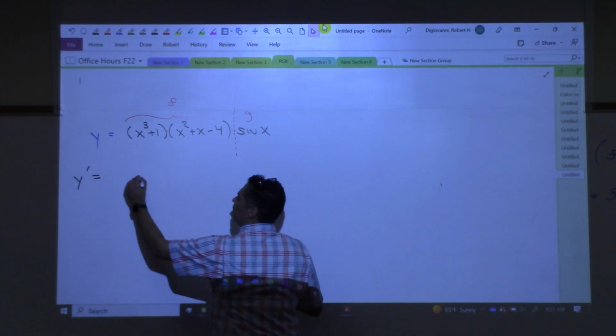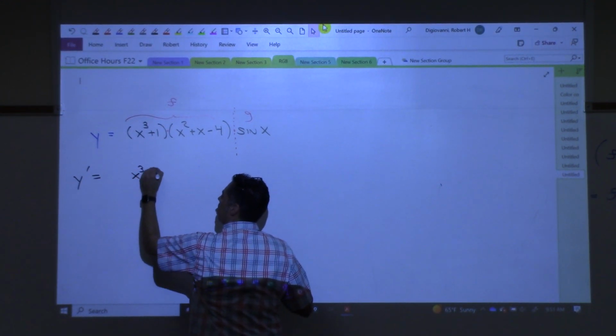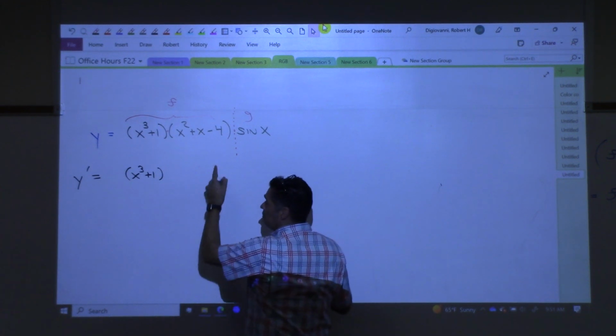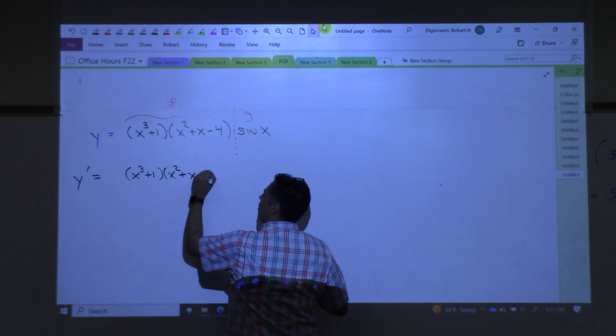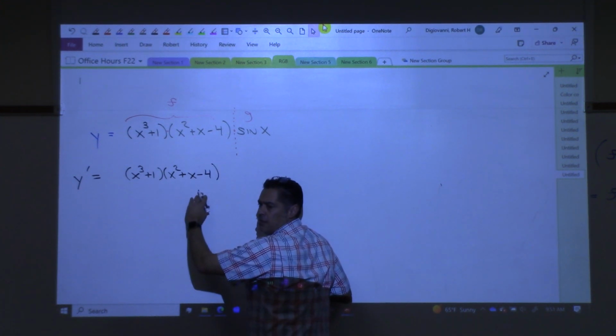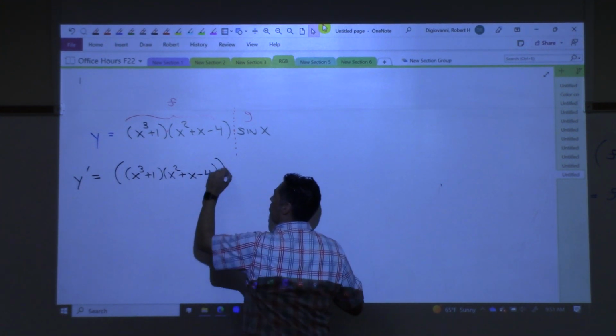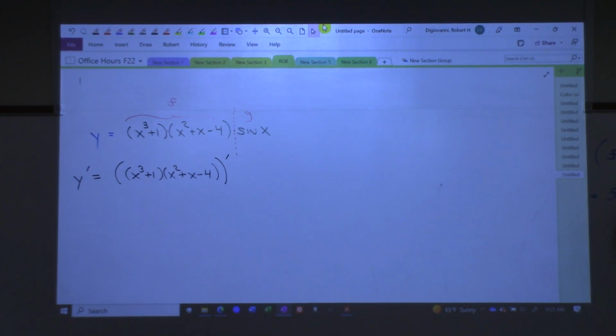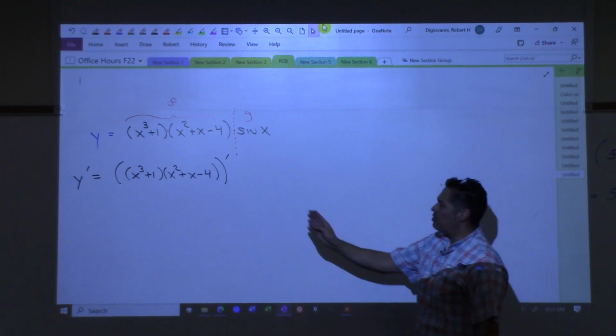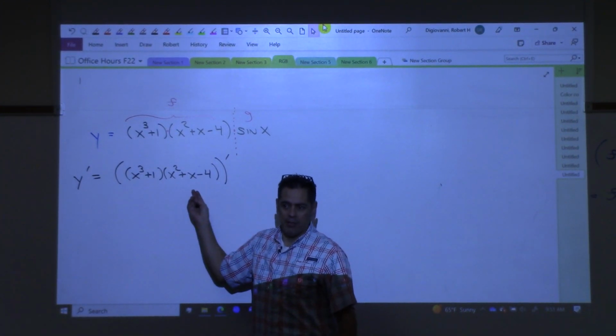X cubed plus, okay, put that in parentheses, right? And then x squared plus x plus 4, and what do I want to do with this? Derivative. So I'm going to take that whole thing and take its derivative. Does everyone see that's the very first part of this? We haven't taken the derivative, have we? We've just written it down. What we need to do.